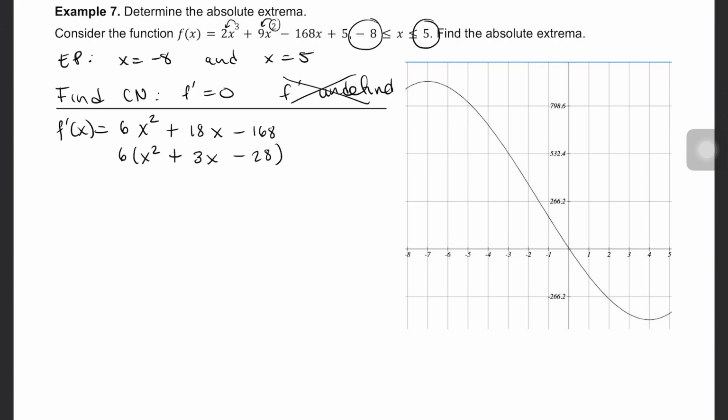And then we're going to come back and factor the rest, and so we end up getting x minus 4 times x plus 7. So x times x is x squared, and to get the -28, we have -4 times 7. So we're going to apply this condition and solve for x.